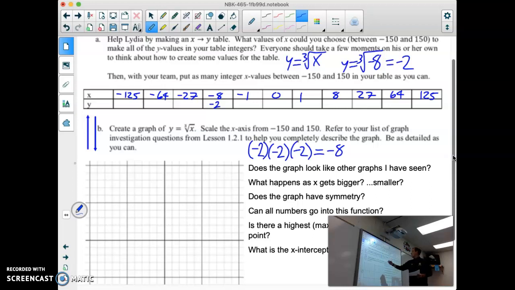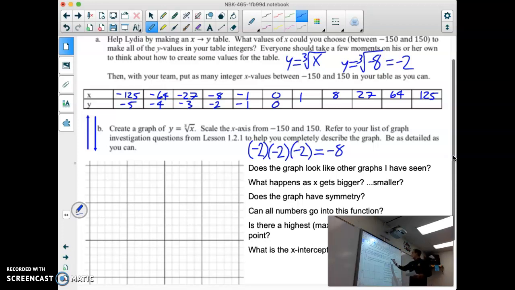So for all of these different things, these should all be negative on the left-hand side of our table, because we need 3 negative things to multiply together to get a negative cube root like this. So here we are going to have negative 1, negative 3, negative 4, and negative 5. In the middle we're just going to have 0, because 0 times 0 times 0 is still 0.